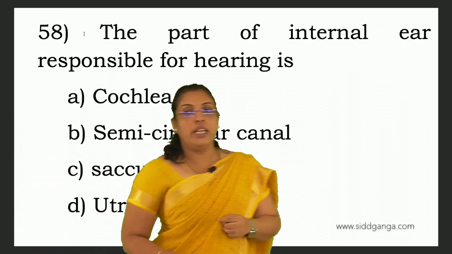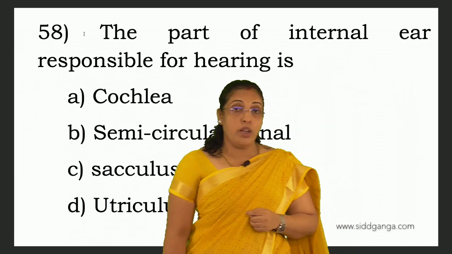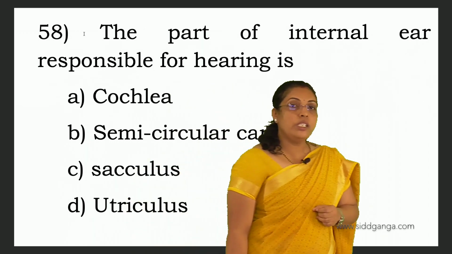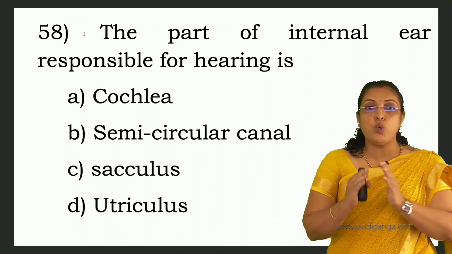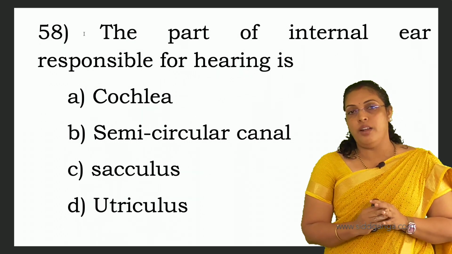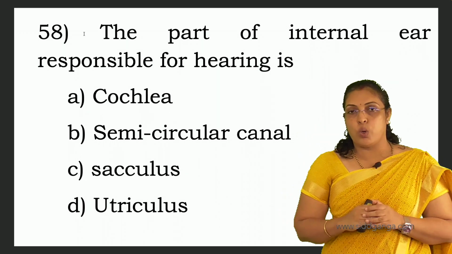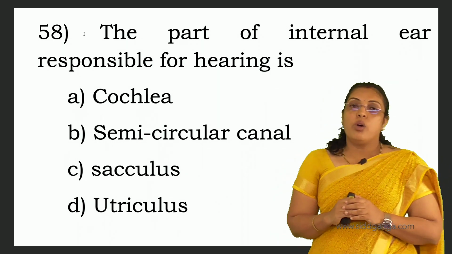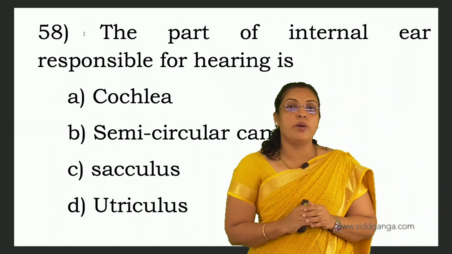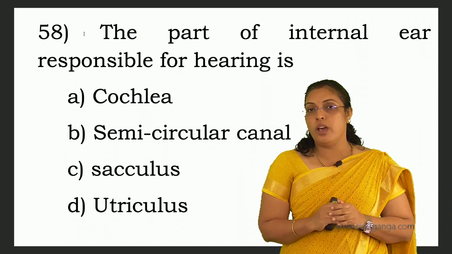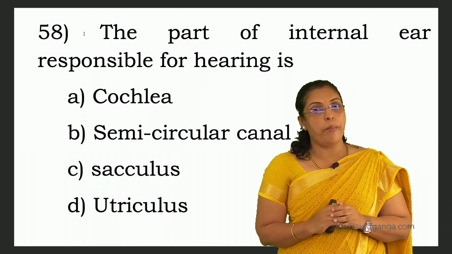58. The part of the internal ear responsible for hearing is: the internal ear consists of 2 parts, cochlear part and vestibular part. The snail-like structure is the cochlear part. The cochlear part is mainly responsible for hearing and the vestibular part is mainly responsible for balancing.